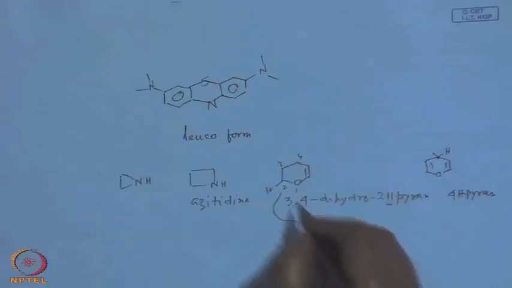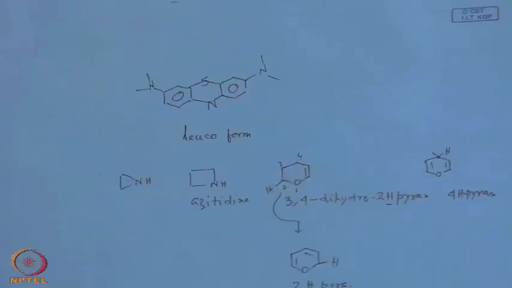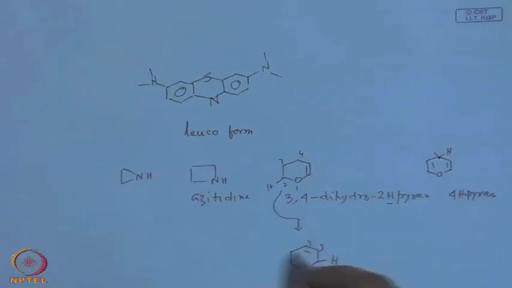So, this portion is known as 2H pyran, and then you have 3,4-dihydro. Hydrogen is considered to be a substituent here, that is why it is given the name 2H.